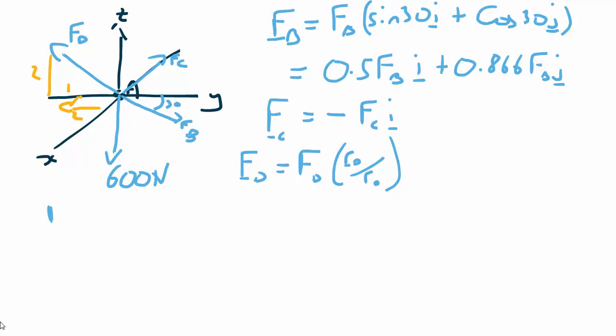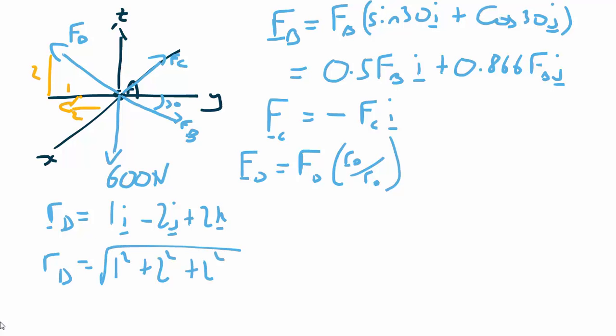So our position vector for D will be 1i minus 2j plus 2k. You can get that from the orange labels, but it's clearly shown on slide 28 as well. Then the magnitude of that will just be 1 squared plus 2 squared plus 2 squared, all square rooted, which equals 3.